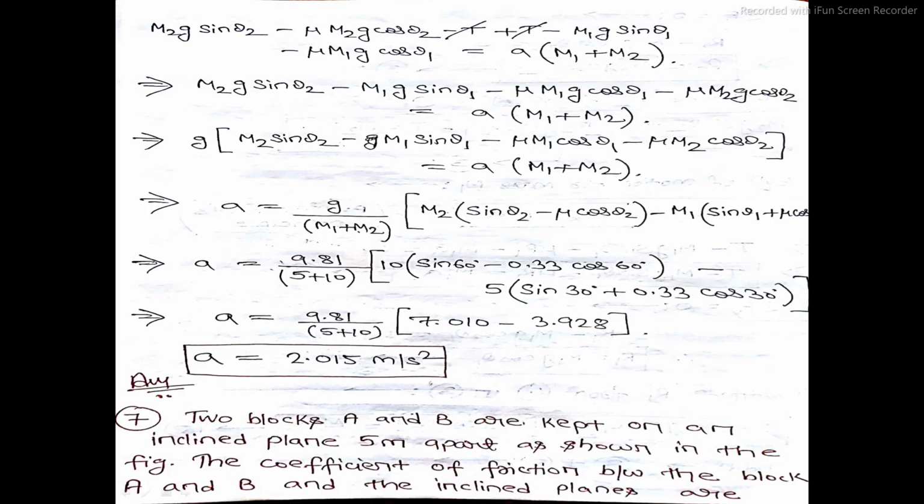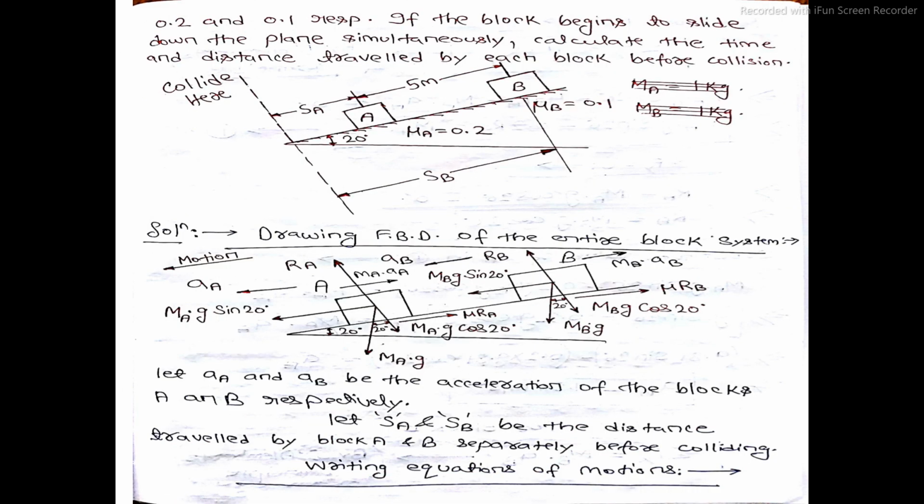Let me read out the problem for you. Two blocks A and B are kept on an inclined plane 5 meter apart as shown in the figure. You can see there is an inclined plane whose angle of inclination is 20 degrees.